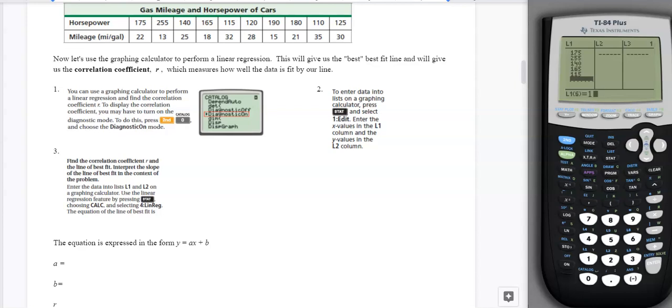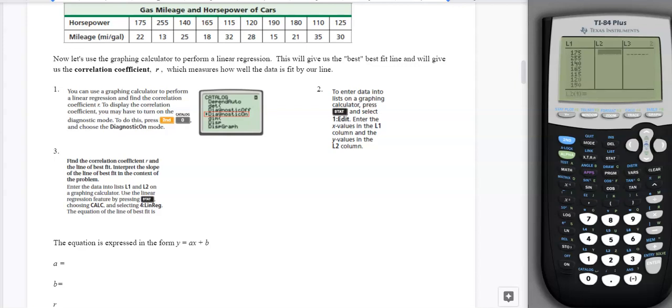Here's where you may want to just do this on your own and speed up the video, but maybe you'll stick with me. 190, enter. 180, enter. Hopefully I don't screw these up. 110, enter. If you take AP Stats, you're going to be doing this a lot in AP Stats. So I believe I have all of my X's in.